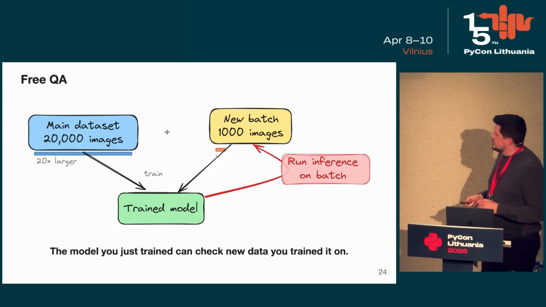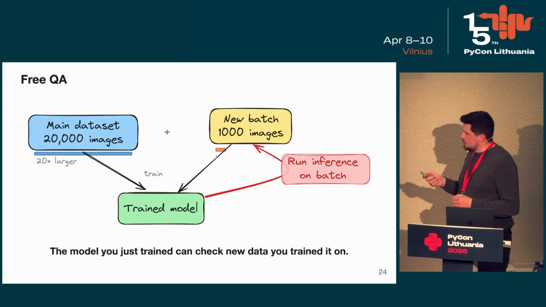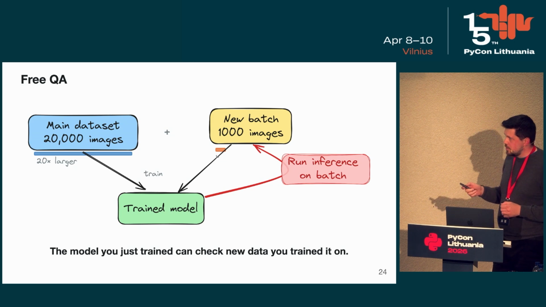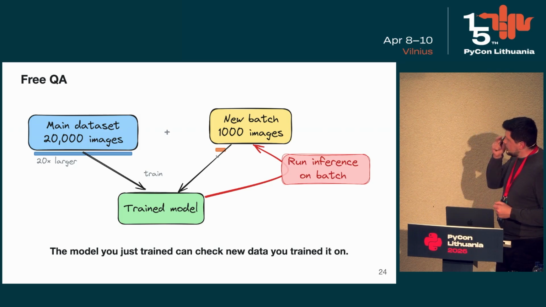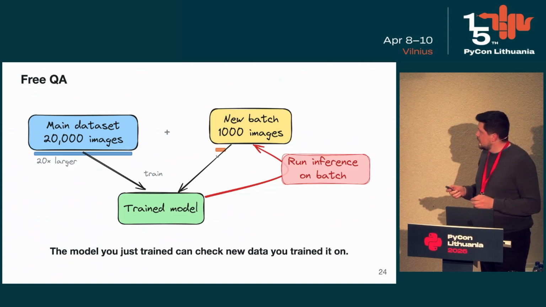Here's a funny thing: we can take the trained model and run it on the addition that we did. So the model was trained on that data and we run the model over that data. It's not obvious, but if you have a big data set like 20,000 images and you have just 2 errors, then the model for sure will find these errors and help you to correct them.